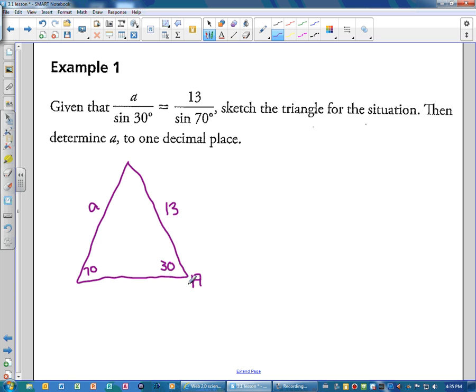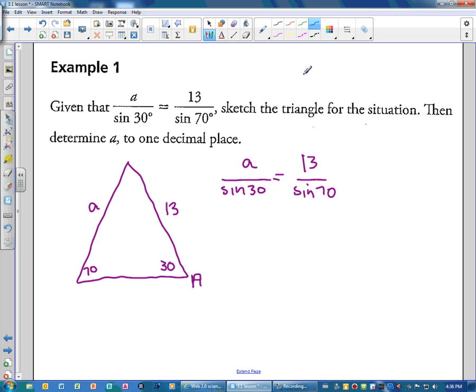But it asks me to determine a to 1 decimal place. They've already set up the ratio for you up here. It says a over the sine of 30 equals 13 over the sine of 70. And anytime you have a fraction equals a fraction, you're allowed to cross multiply.